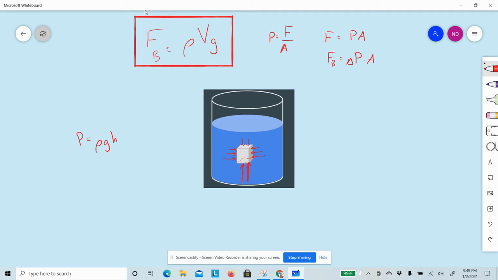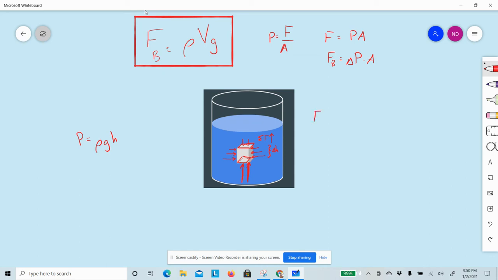The top and bottom arrows end up with a net force up, and they result from a change in pressure. The change in pressure at the top on this surface compared to the change in pressure on that bottom surface.